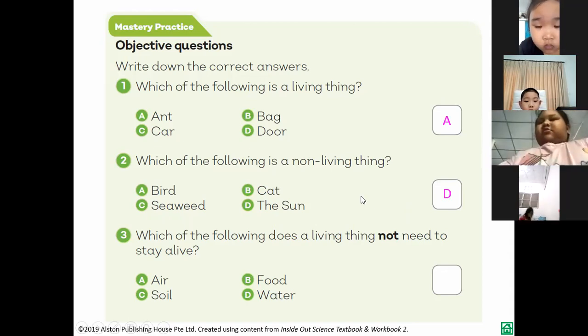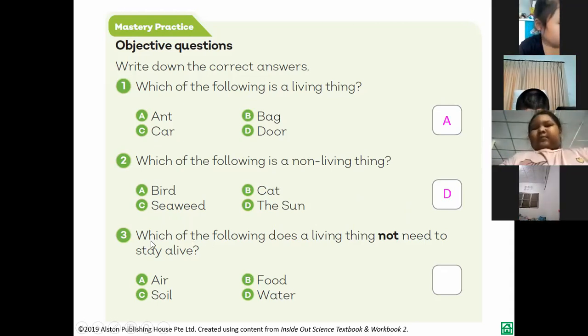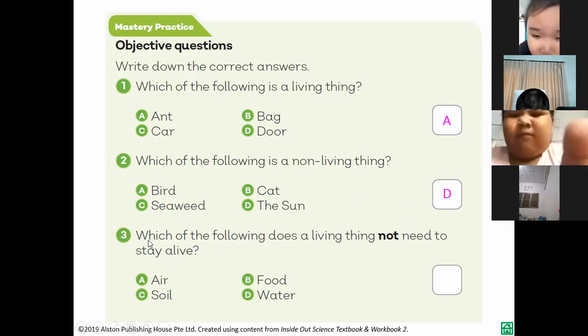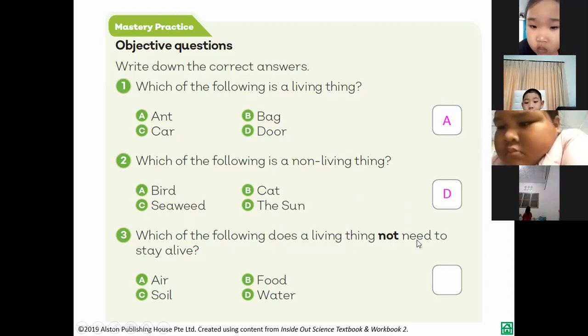Okay, number 3. Who wants to read number 3? Can you read it? Not eat food.